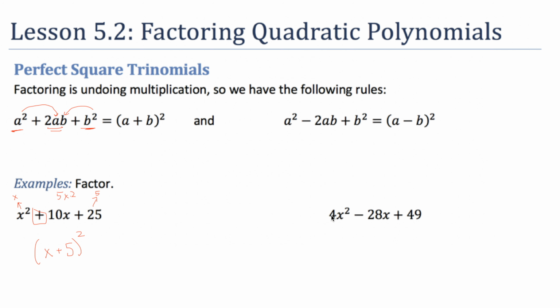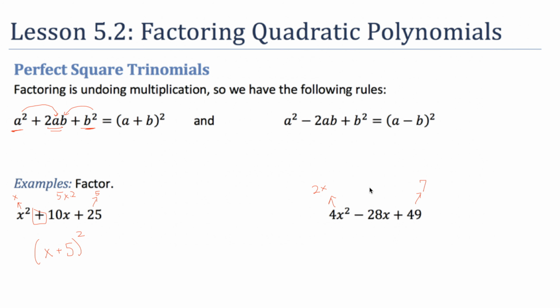This next one is going to be similar. I see there's a 4 here, so the first thing I'm going to look at is, is there a common factor? 4 goes into this and this, but doesn't here, so there's not. And so we think, is this a perfect square? It is. This is 2x. If you do 2x squared, you get 4x squared. Is this a perfect square? Yep. 7 squared is 49.